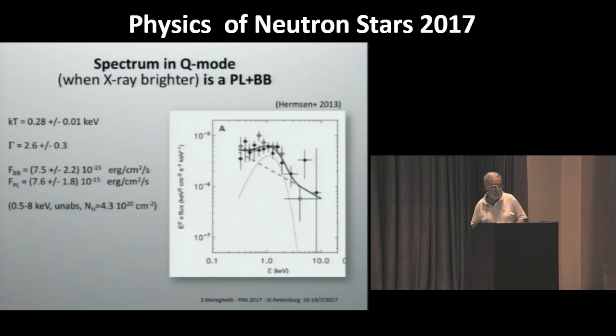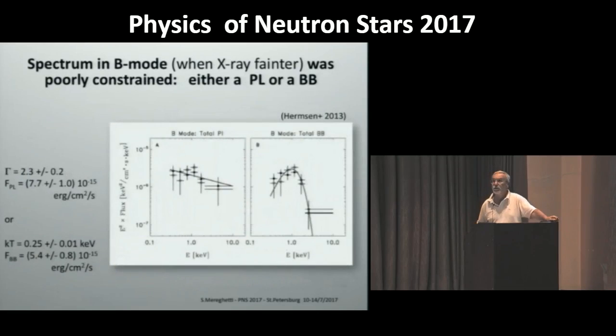This is quite common in middle-aged pulsars. The spectrum in the fainter B mode was not so well constrained. It could be fit equally well by either a power law or a black body.